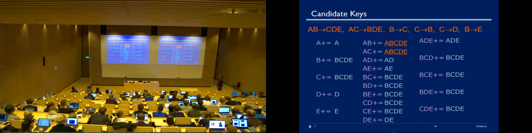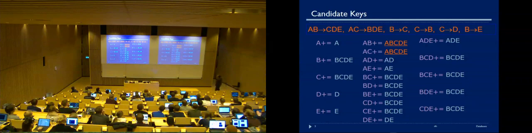So here is what we get now. The last 4, since they include B or C or both, already get that set as well.